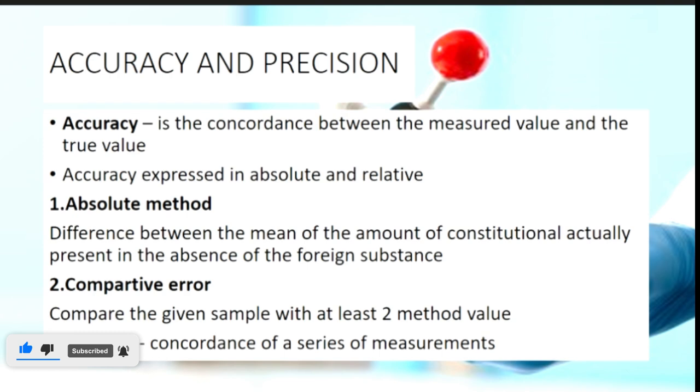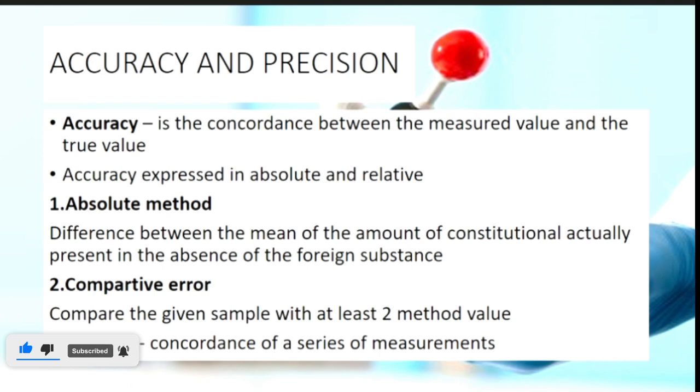The comparison or the difference between these two values is called the absolute method. The absolute value minus true value is the absolute method, right? This value and the concordant value without the foreign substances, this difference is called the absolute method.